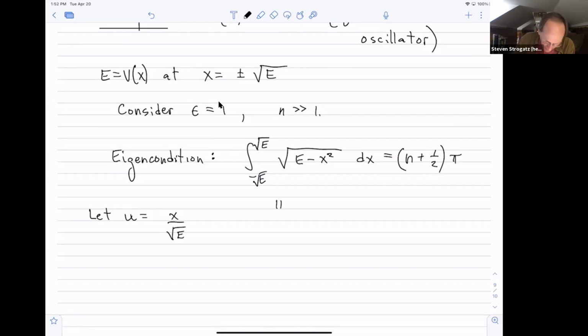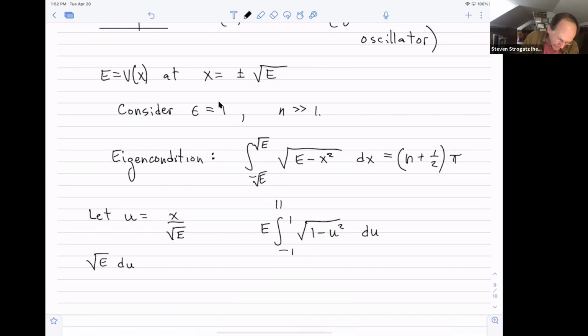This is now e times the integral from -1 to 1, square root of 1 minus u squared, if I've done that right, du. So I skipped a step there, right? I'm using du times square root of e is dx.